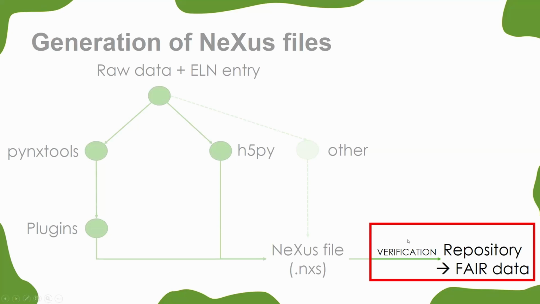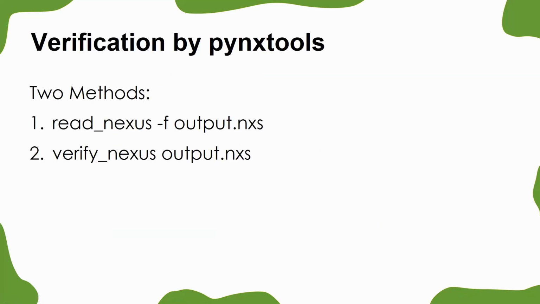For example, the field, the NeXus definition requires you to put in here a matrix, but you only gave the program a string, so this is just incorrect, and then it will tell you, okay, you made an error here. This is incorrectly parsed. Please correct this. And this is what I want to show you now with the verification method shortly.